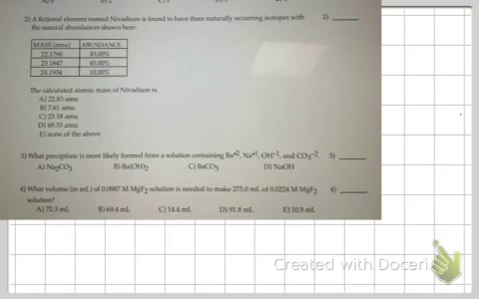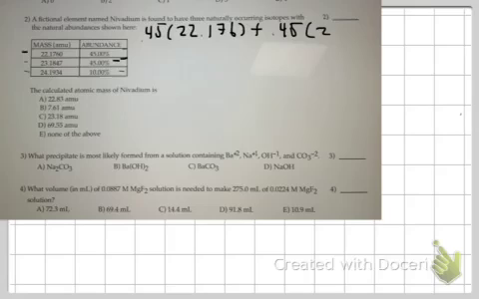So neodymium here. The way that you solve this problem is you take these masses and put them with those abundances, so it'll be 0.45 times the first mass, 2.176, plus 0.45, and I'm getting the 45%, times 3.1847, plus 0.1 for 10%.